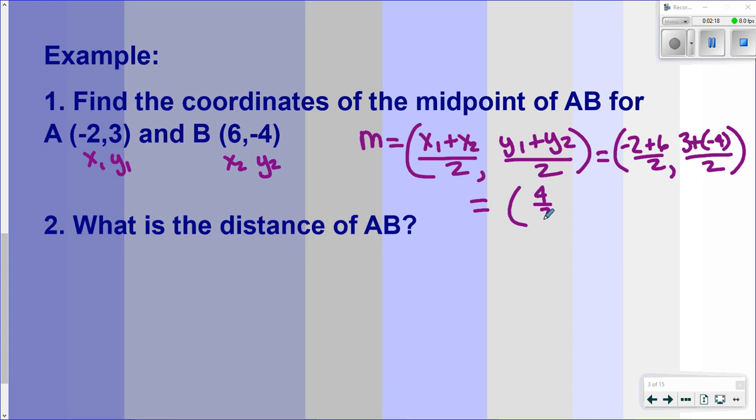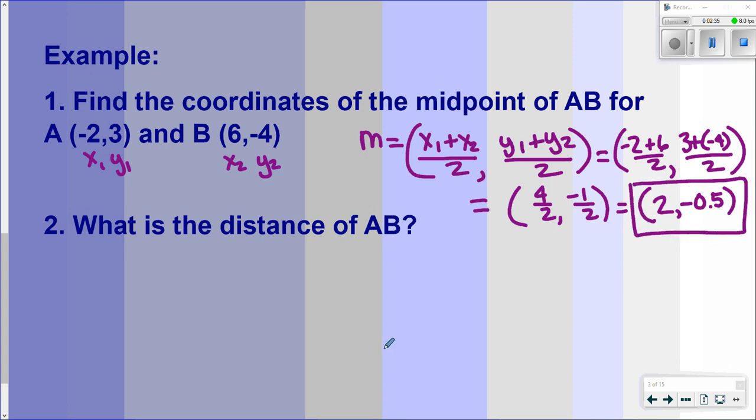This will give me 4 over 2, and this will give me negative 1 over 2. So my midpoint will be (2, negative 0.5), or you could put negative half. Either way, it's the same.